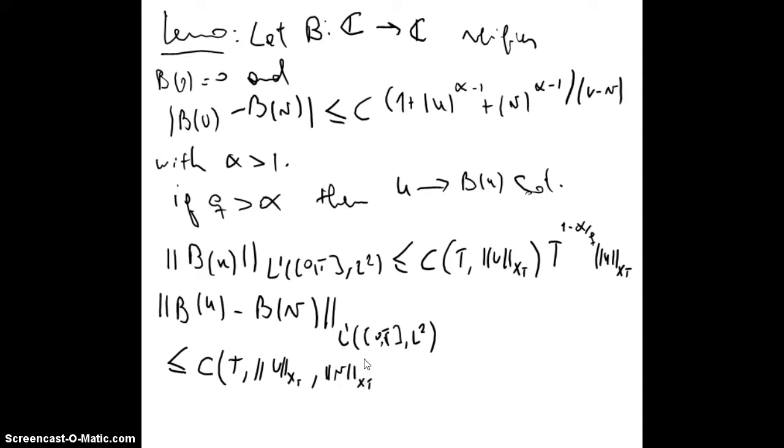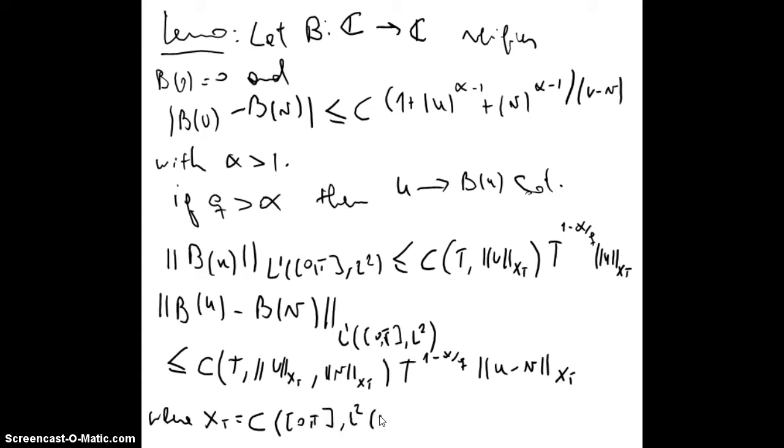I will say what X_t is: X_t is C([0,t], L2(R^n)) intersection L^q in time (0,t) of L^{2α}(R^n).